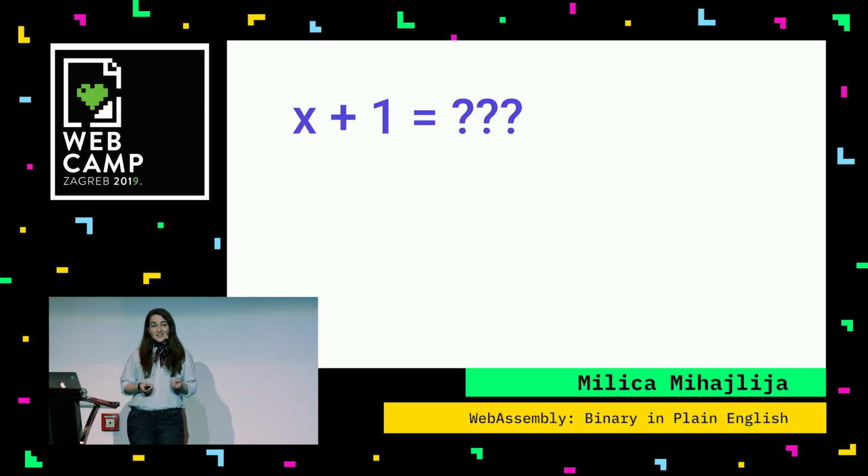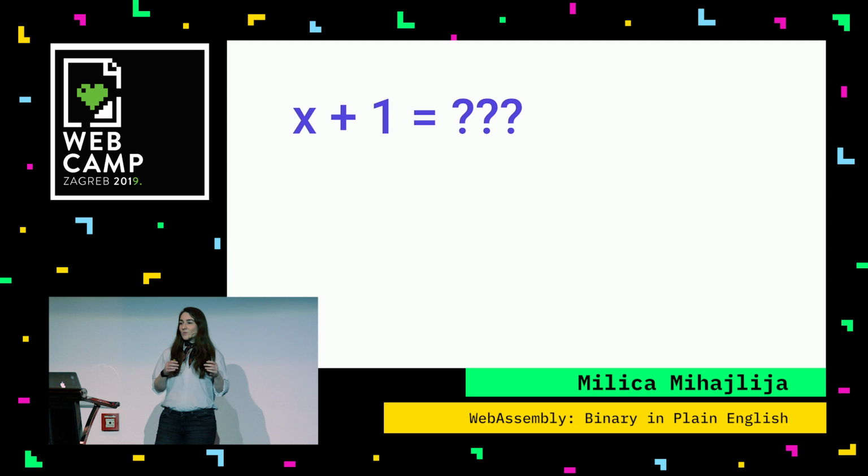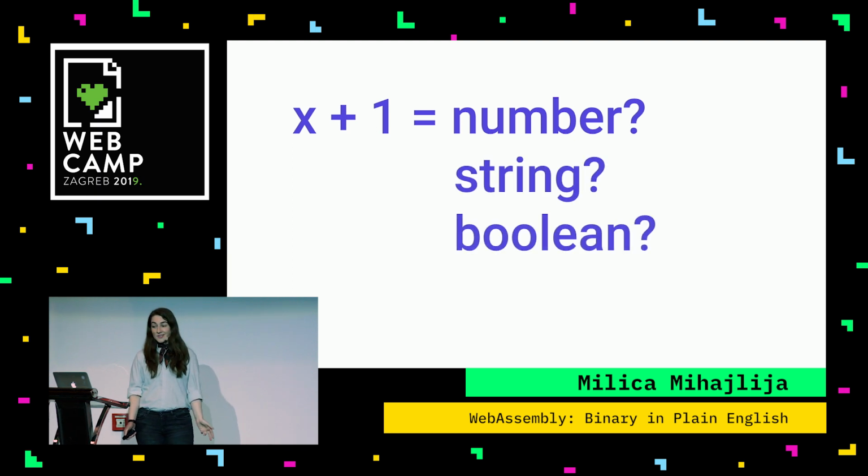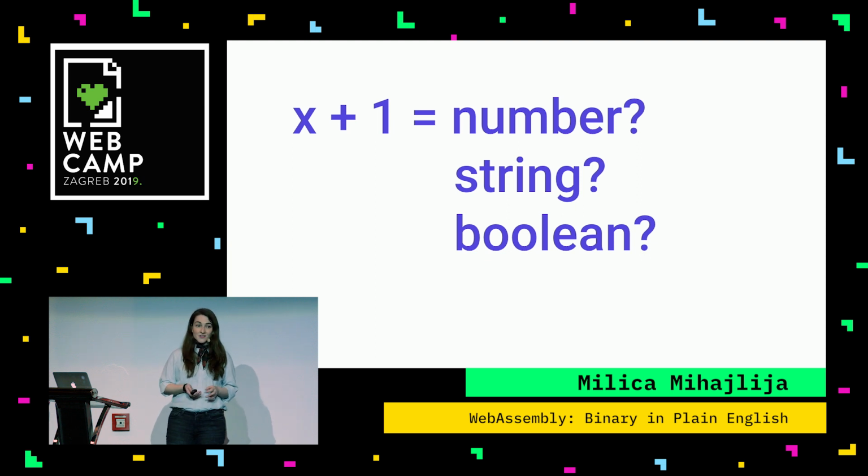Another difference is the type system. JavaScript is a dynamically typed language. When you type x + 1, you don't really have to say what x is. It could be a number, it could be a string, a Boolean maybe, and you don't even compile that code, you just give it to the browser. This makes it fast and easy to write, but it also means that the browser has a lot more work to do.